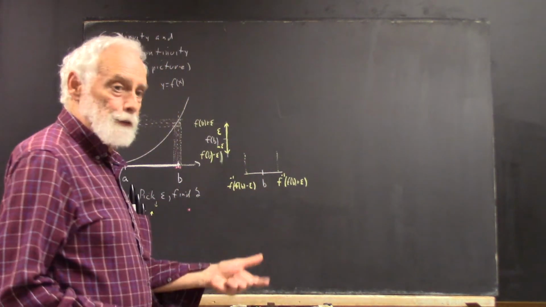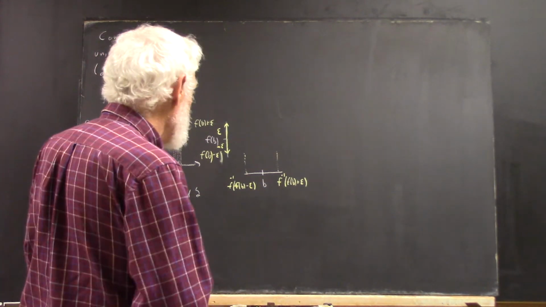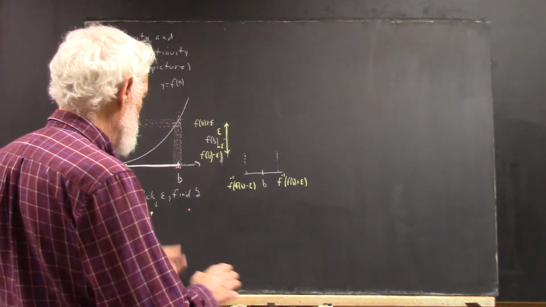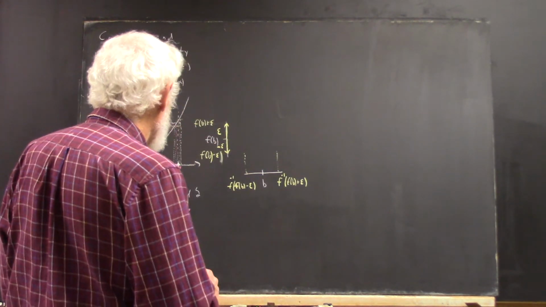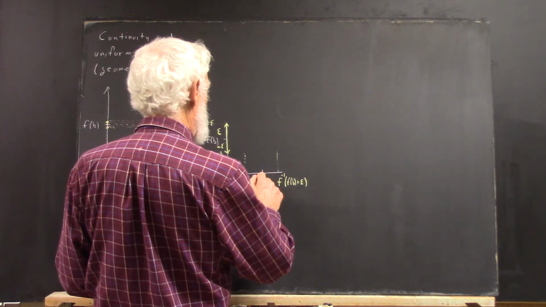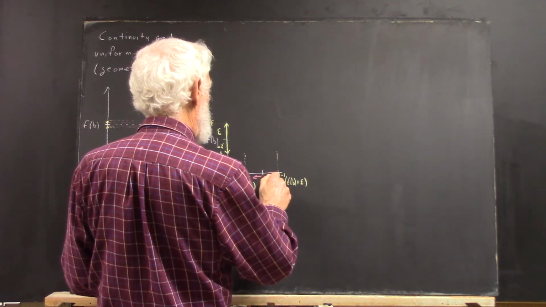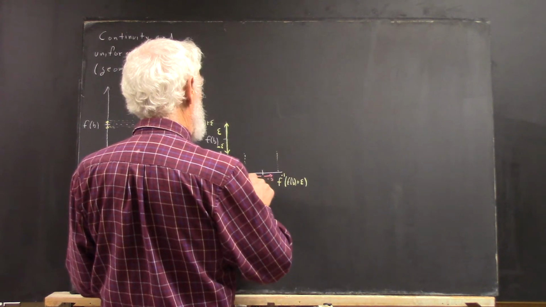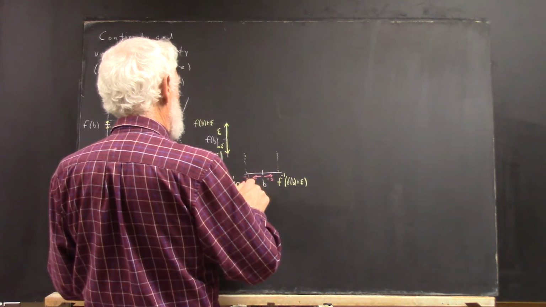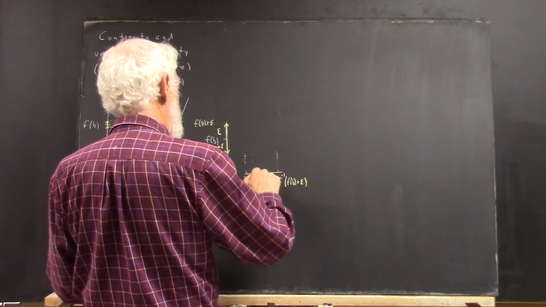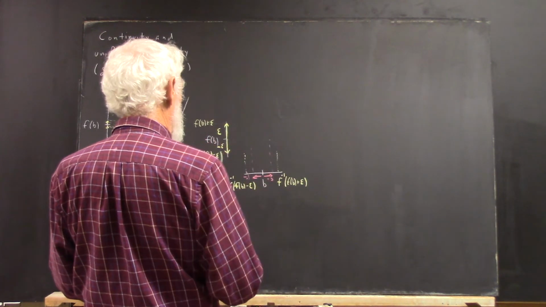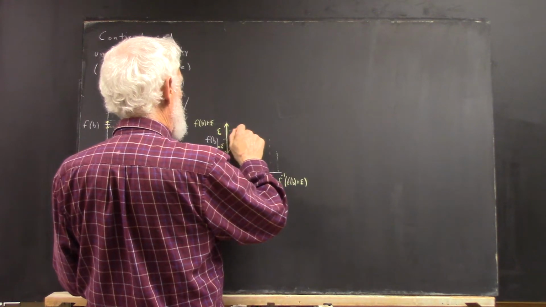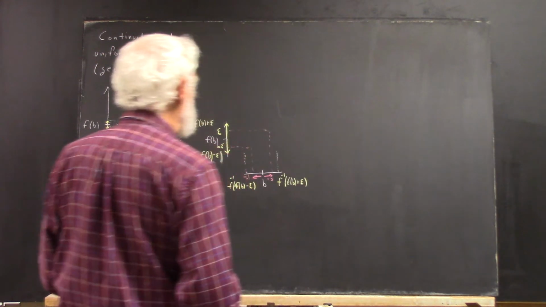Now, your function doesn't necessarily have to have an inverse, okay? So you're not going to use this notation in any kind of a proof, just to get a feel for where things are. And then I've got my delta interval here. So I've got a plus delta here and a minus delta over here. And now I project these up to the graph, and they project over here. Like so.